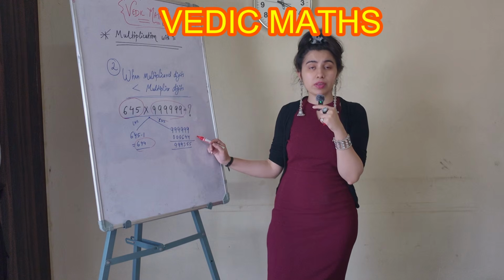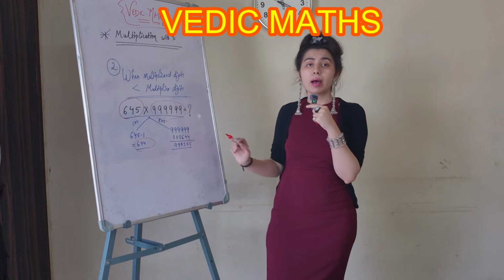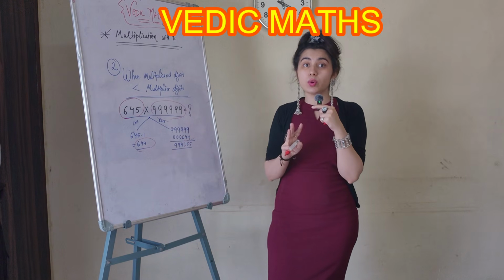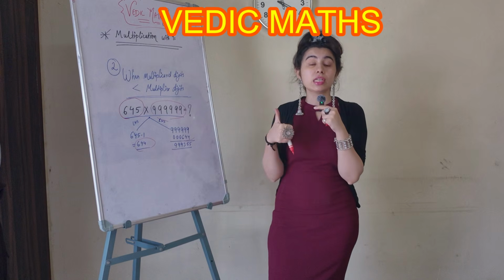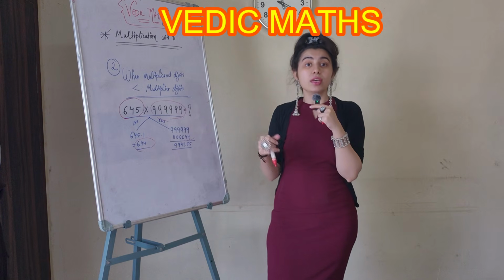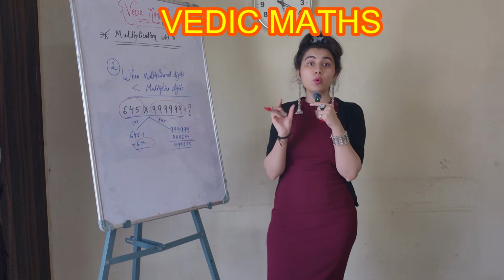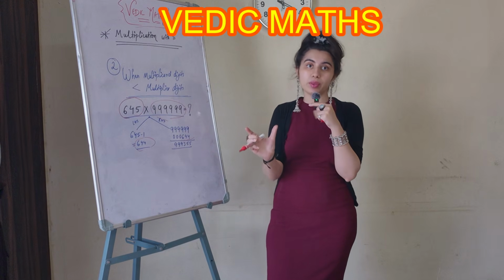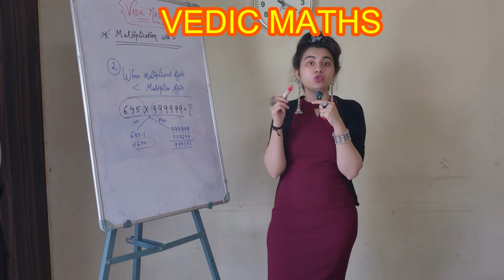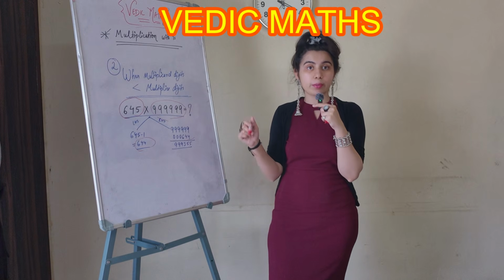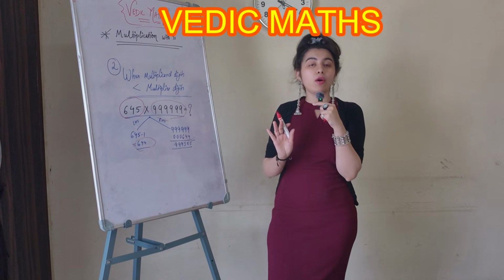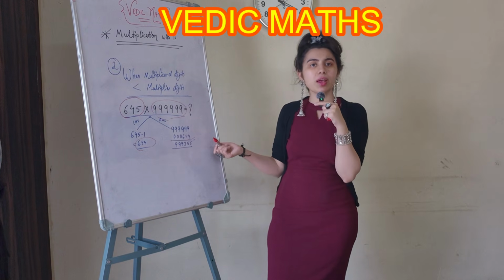Now, your LHS is 3 digits, whereas your multiplier has 6 digits. So what you have to do is just add 3 zeros before the LHS, so that will be 000644. Now just subtract them.